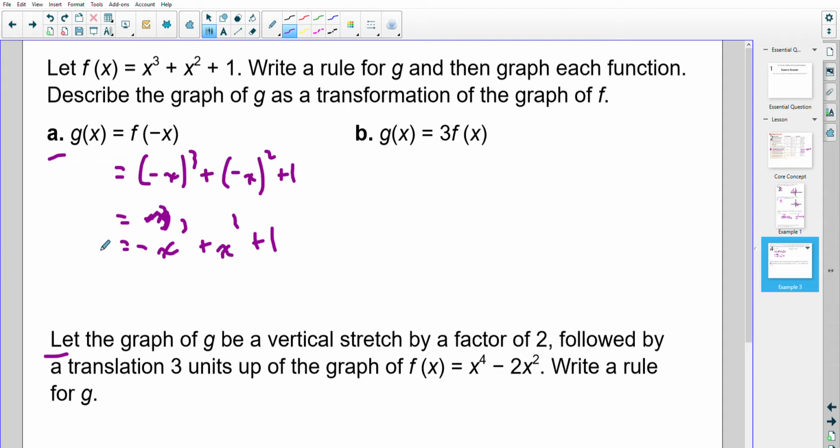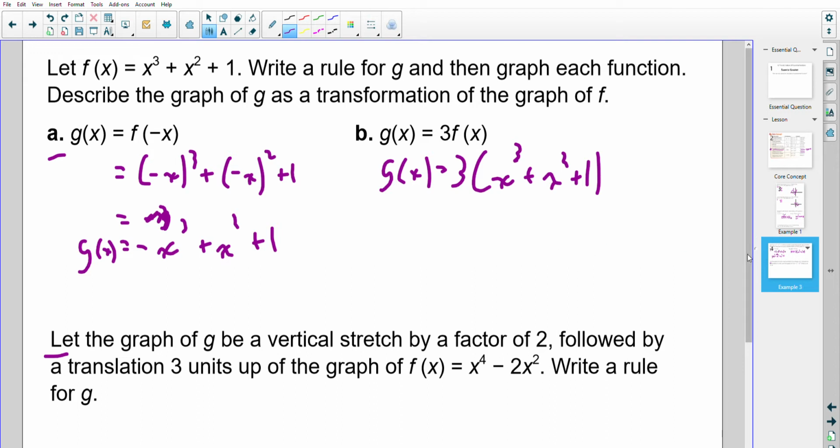And so my g of x would equal this. Same thing on this one. I would say it's just going to be 3 times my f of x, which is written up above, and then you just distribute through.